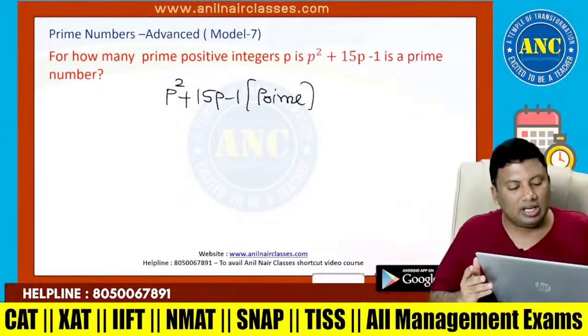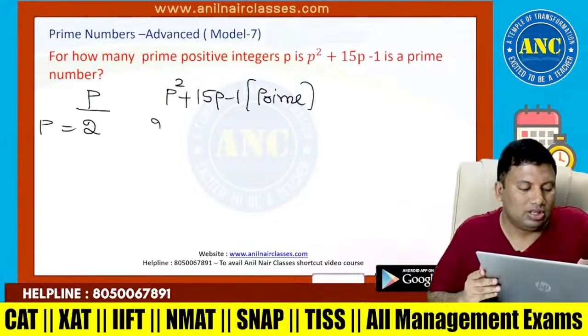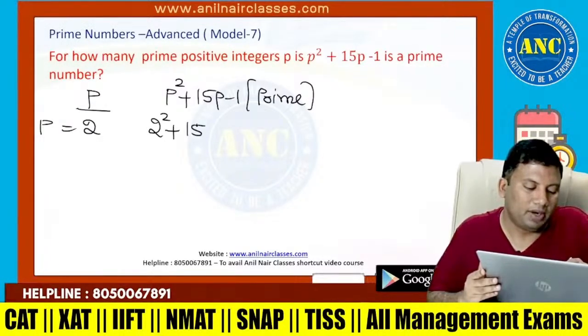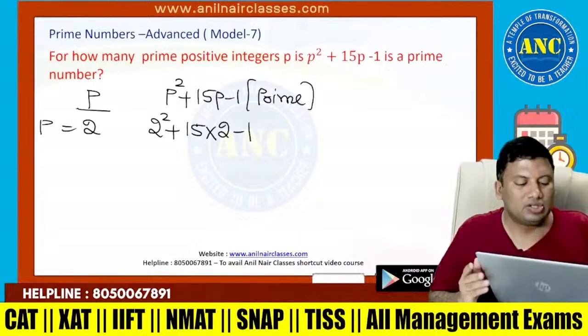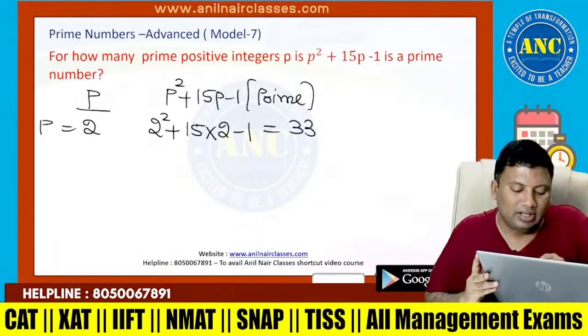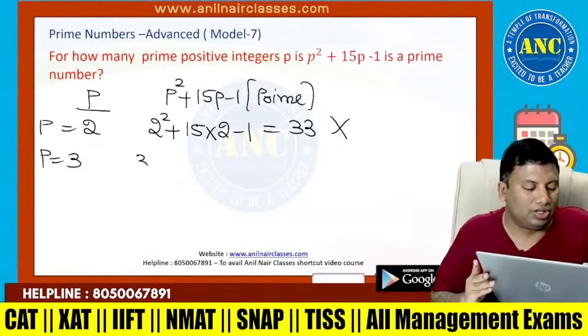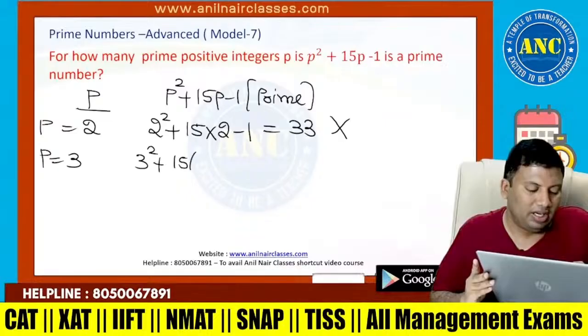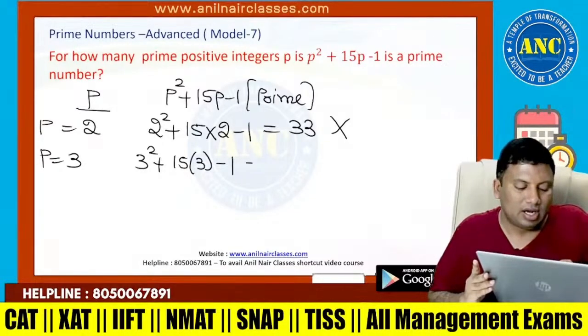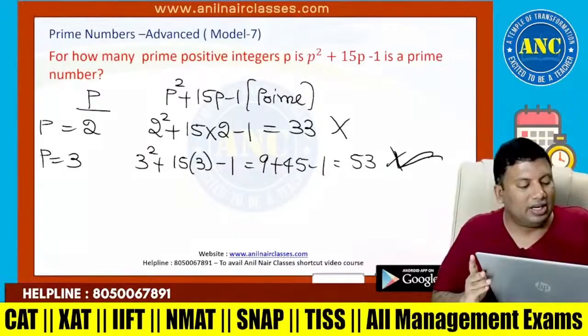If p is 2, this becomes 2 square plus 15 into 2 minus 1, 4 plus 30, 34 minus 1, 33. 33 is a composite number. If p is 3, 3 square plus 15 into 3 minus 1, 9 plus 45 minus 1, 54 minus 1, 53. It is a prime number.